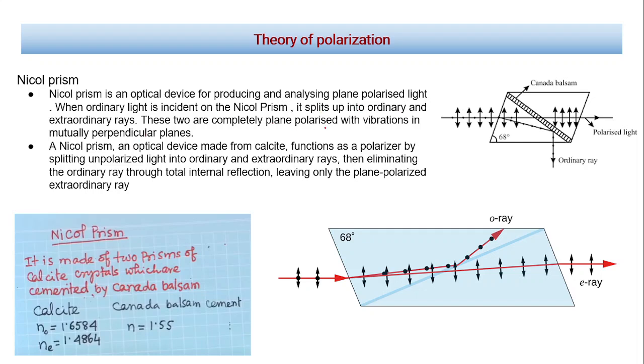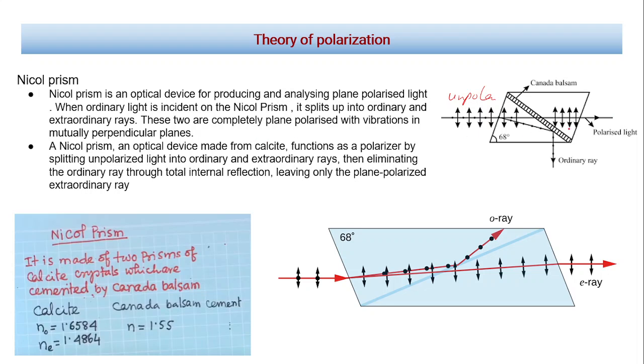These two are completely plane polarized, of course, with vibrations in mutually perpendicular planes. So the Nicol prism is a device which we use to produce plane polarized light. That means what goes in is unpolarized, and out of this Nicol prism, what comes out is polarized light.